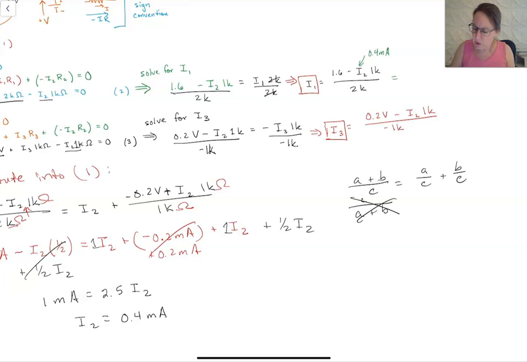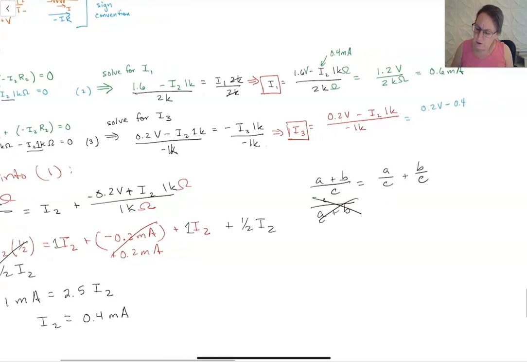So this gives me 1.2 volts all over 2 kiloohms. So that would be 0.6 milliamps. And then right here, I've got 0.2 volts minus 0.4 milliamps times kilo, so that's 0.4, all over minus 1 kiloohms, so that gives me 0.2 milliamps.